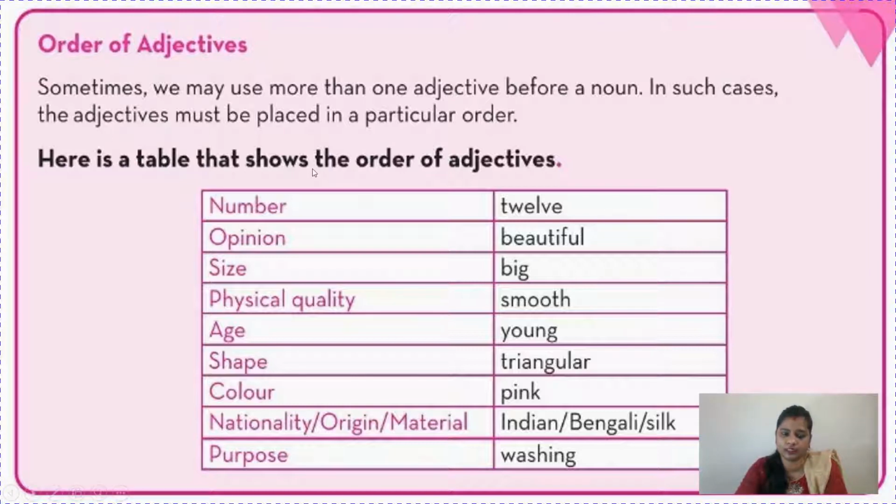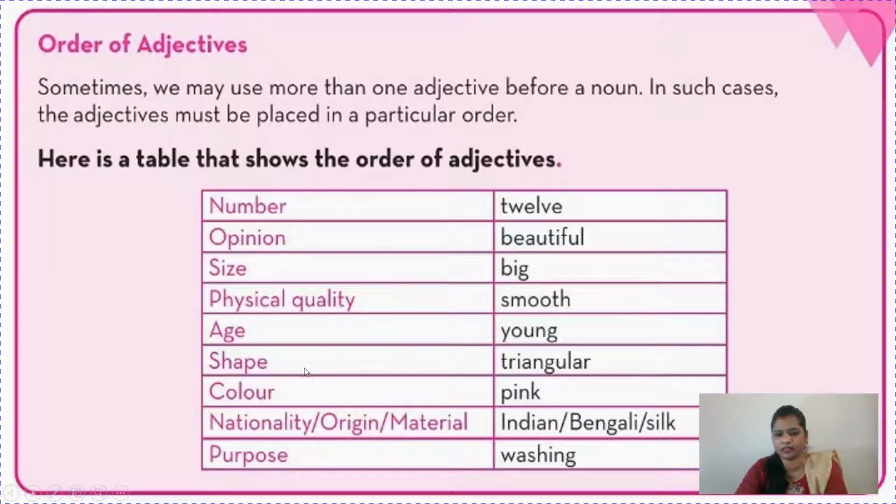See, here is a table that shows the order of adjectives. This is the order: number, opinion, size, physical quality, age, shape, color, nationality, origin, material or purpose. One example is also written here. Let's read with examples now. Number, any number, 10, 11, 12. Opinion, beautiful, glossy, anything. Size, big, small, tall, thin. Physical quality, it can be smooth, rough.